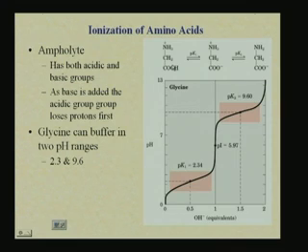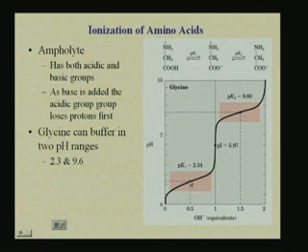What is that point? That is when my pH is equal to my pKa. That on this graph is this point here. So, the pK1 value, as it is called, is 2.34.